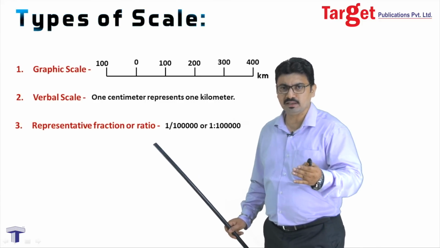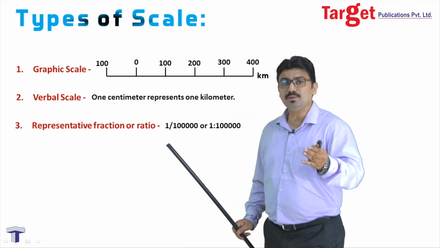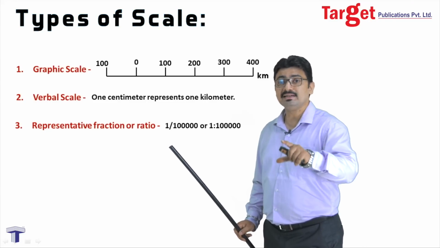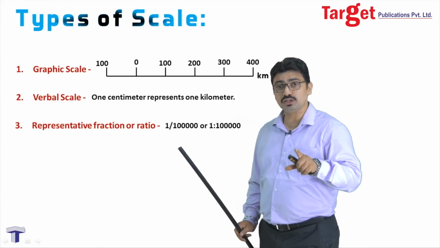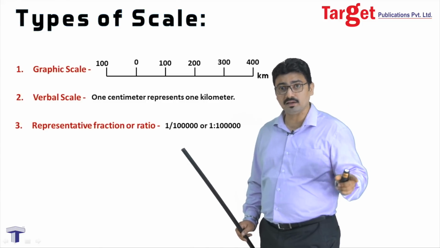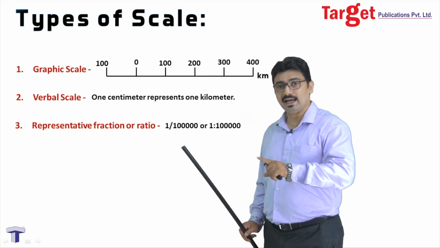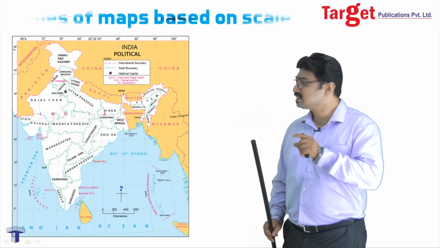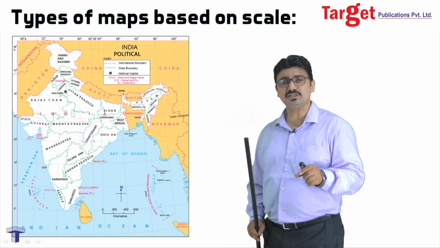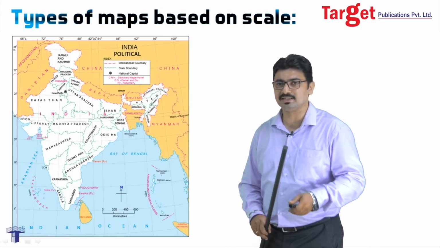So if for example we take the distance between two cities on the map as 10 centimeters, which means the actual distance between those two cities in real life on the earth is 10 into 1 lakh centimeters. So this is how the scale helps us to convert the distances on the map into actual distances.